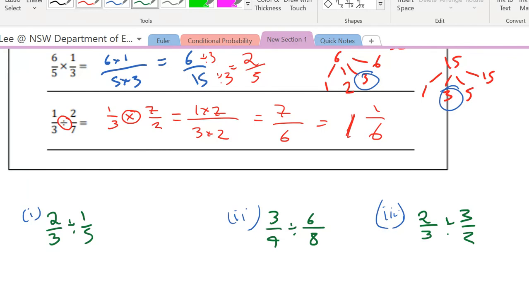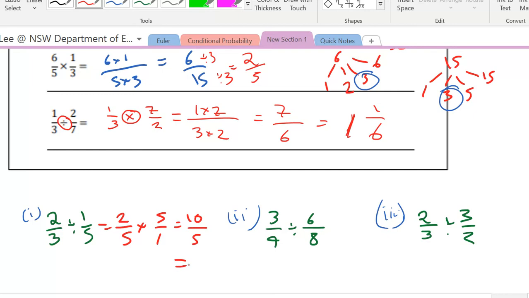Off you go. Okay, so we change the operation from divide to multiply. We invert the second fraction. 2 5s are 10. 5 times 1 is 5. 10 divided by 5 is 2.